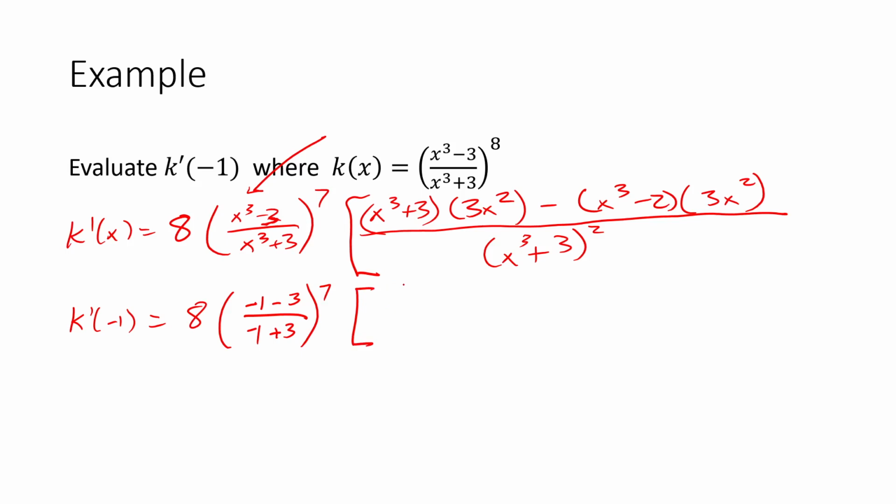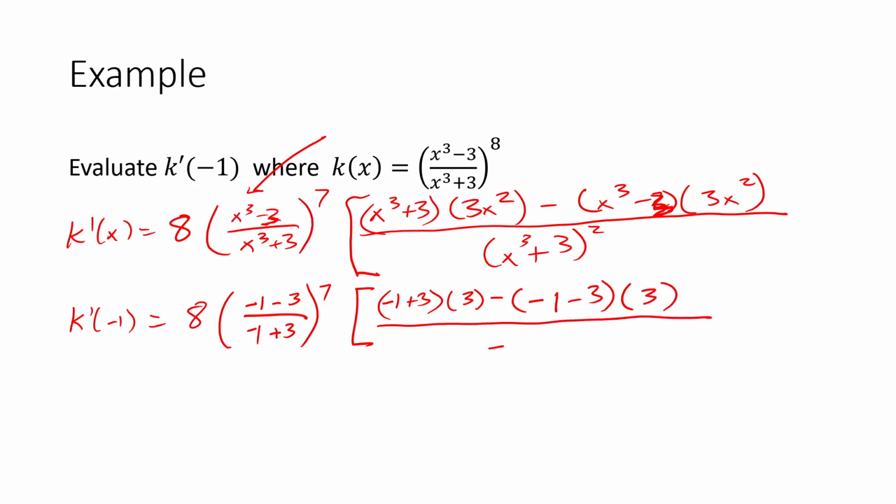But everywhere I see x squared, I'll put +1 because -1 quantity squared is +1. So we get -1 plus 3 times 3 minus -1 minus 3, and then 3x squared will be a 3. Had a couple little typos there, just in my handwriting. And all of that is over -1 plus 3 quantity squared.